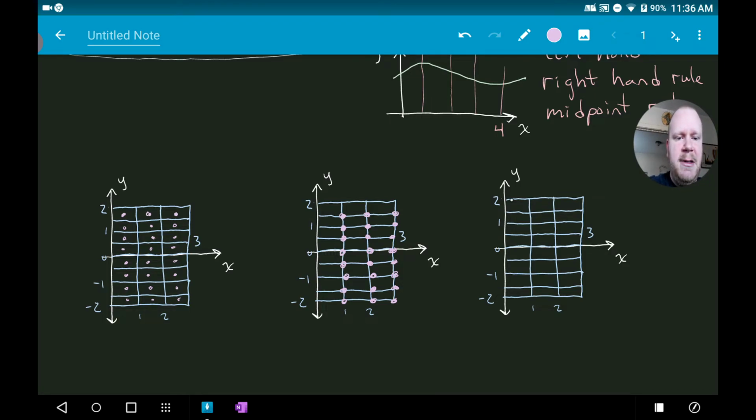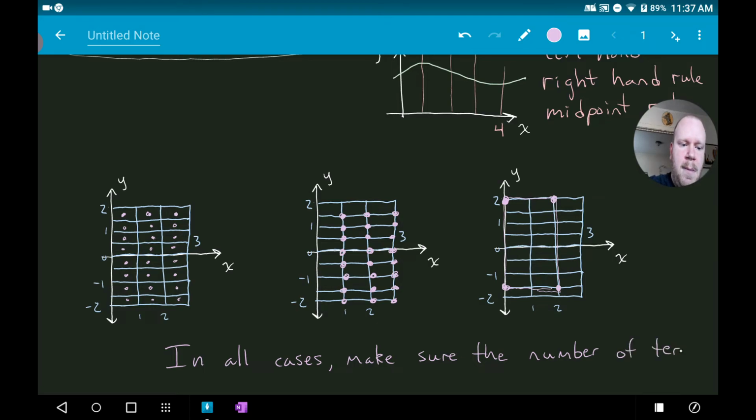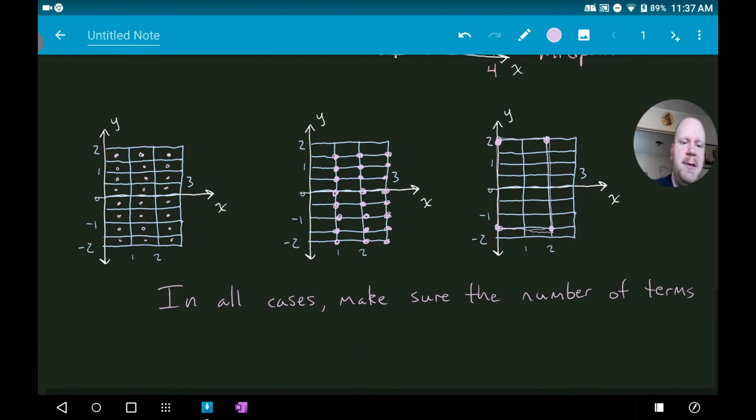And I think you get the idea, but right, the top left corner would be something like that, so we can use all this stuff here. Either way, we'll say in all cases, make sure the number of points, or we'll call them terms, since we're going to be adding them all up.